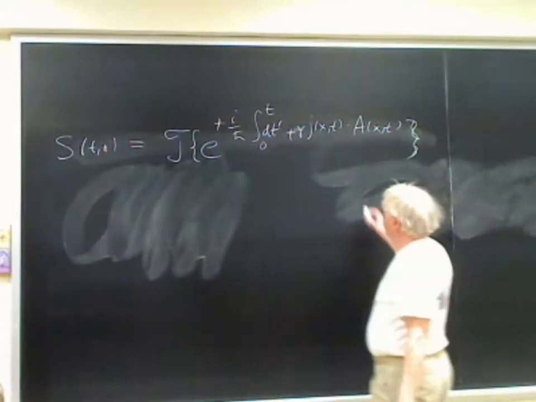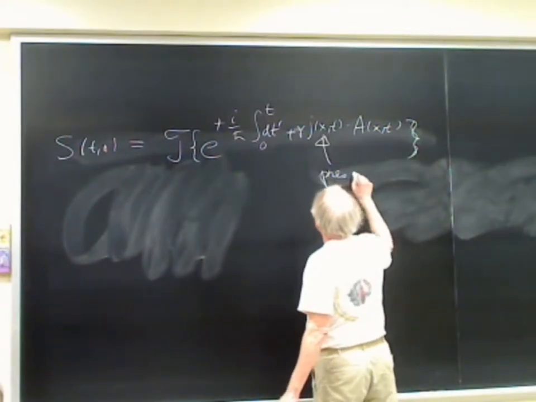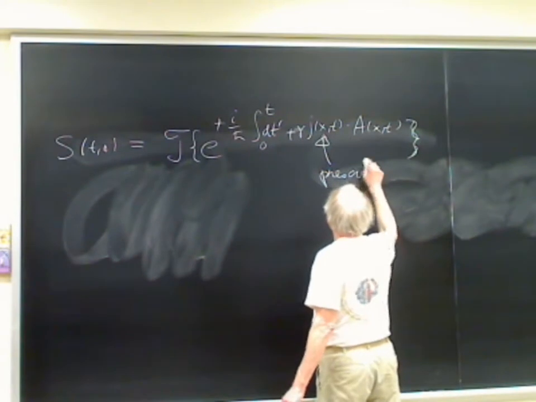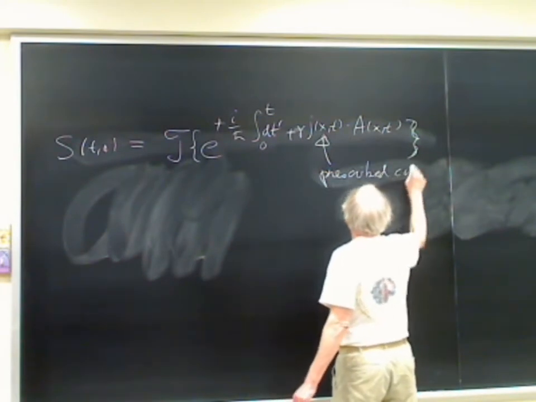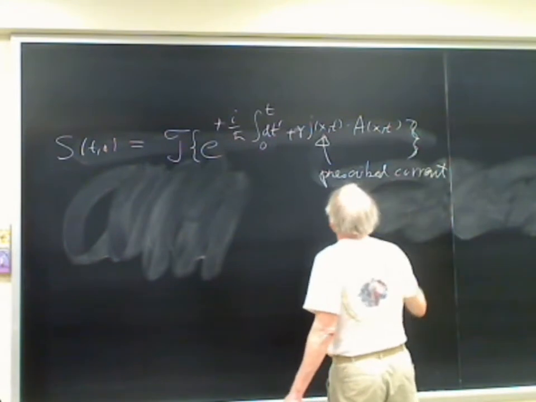And so what we're imagining is that this is a prescribed current. It's a c-number current.